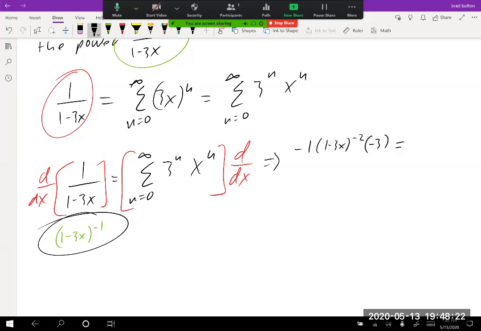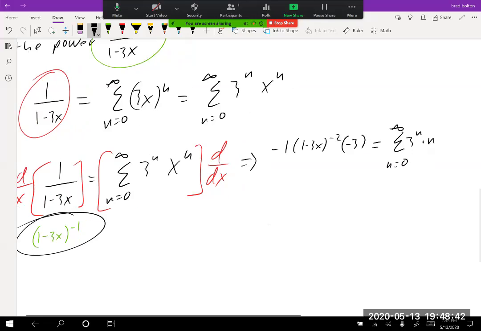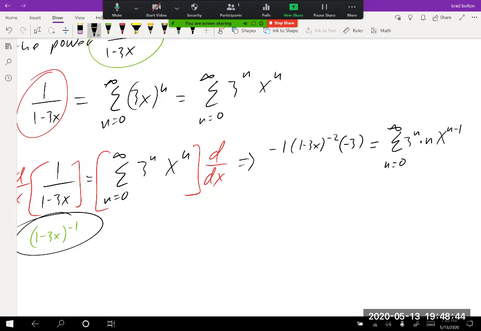As far as d/dx is concerned, this 3 to the n right here is just a constant, okay? So we're going to go straight past that, and we're going to focus on the sum from n equals 0 to infinity of 3 to the n. Now, what's the derivative of x to the n? Wouldn't it be n x to the n minus 1? Isn't that how we do our derivatives, right? So we would get 3 to the n times n, x to the n minus 1, right?